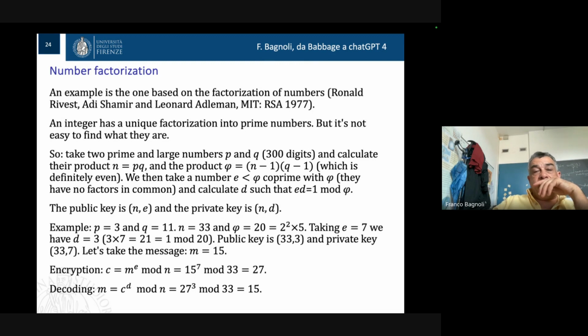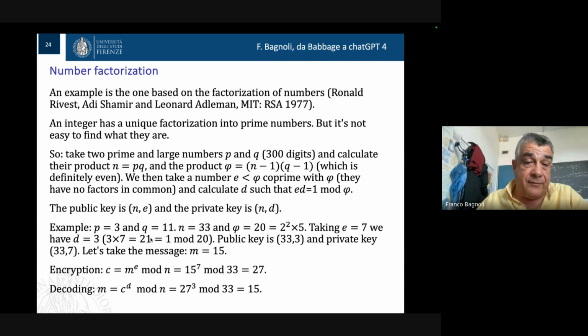One of the best known ways of having a public and private key is to use the fact that it is quite difficult to break a large number into a product of two prime numbers. There is a protocol which I have not studied.